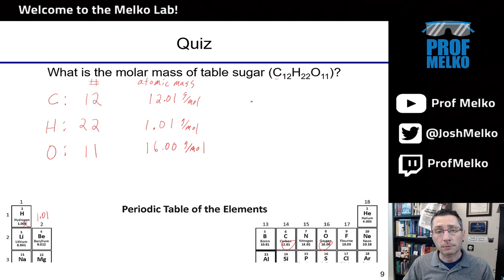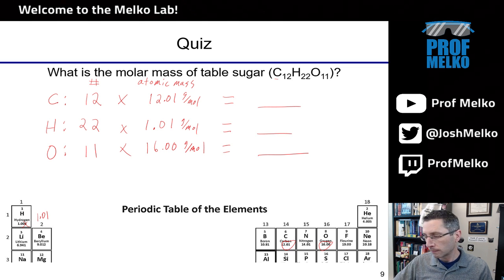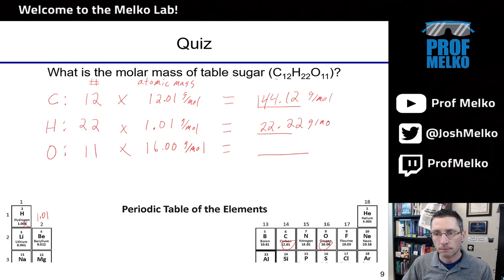Now I simply multiply left to right here. The first row, 12 times 12.01, I get 144.12 grams per mole. The second one, 22 times 1.01, I get 22.22 grams per mole.